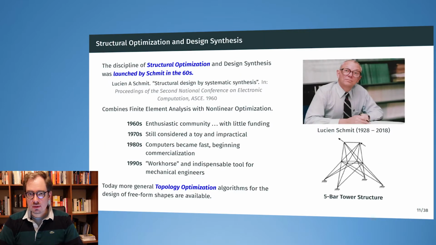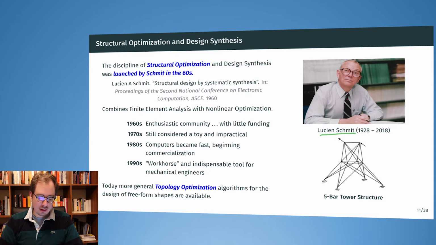So how was this field developed historically? One important figure was Lucian Schmid, and with others in the 1960s he founded the scientific discipline of design synthesis. So to take some description of the requirements and the constraints and then synthesize the best design.